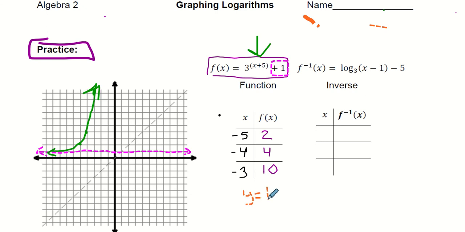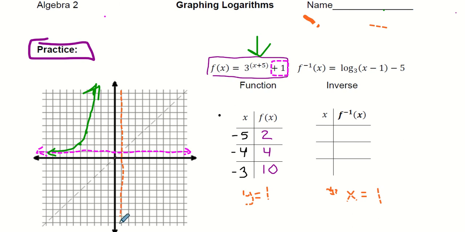This one will have a vertical asymptote at the same number, so not y, sorry, but at x equals 1. That's why it's important to do the exponential first, because it's easier. We know that this one was at y equals 1, and that's because of that 1 there. So now we're going to draw a vertical asymptote at 1. We go to 1 on the x-axis, and then we just draw a nice little vertical asymptote here.